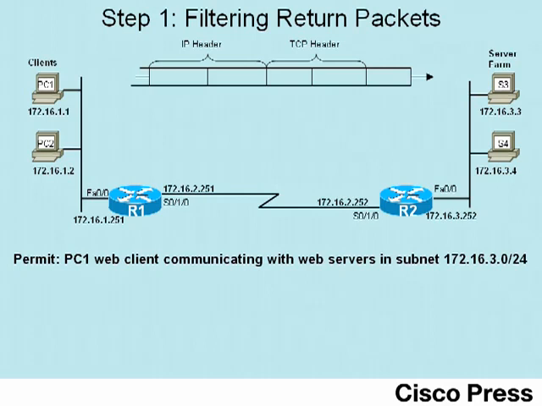So if you consider the packet that goes left to right from the client to the server, the source IP address, of course, will be 172.16.1.1, which is PC1's IP address, and the destination IP address will be any IP address in subnet 3. Also in the TCP header, we'll note that the source port will be some number greater than 1023 because PC1 as a client will use a dynamically allocated port number, and the destination port will be the well-known port used for web services, or 80.